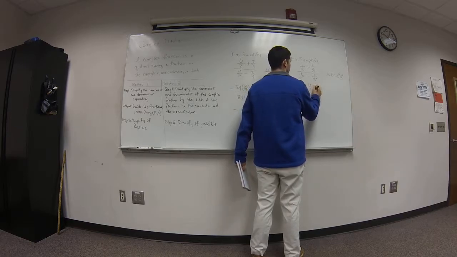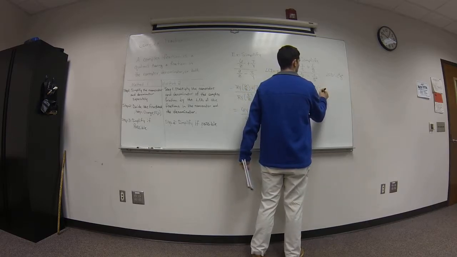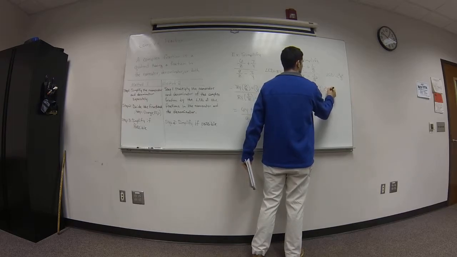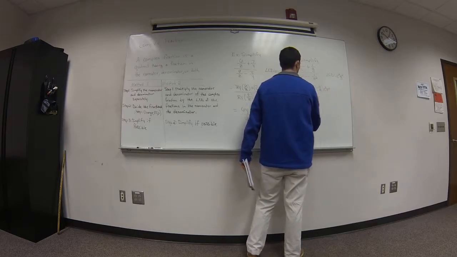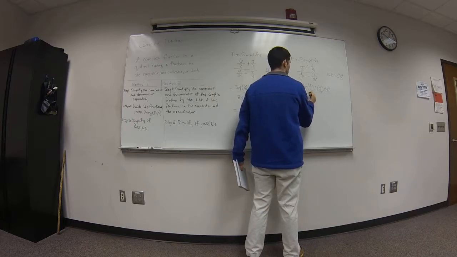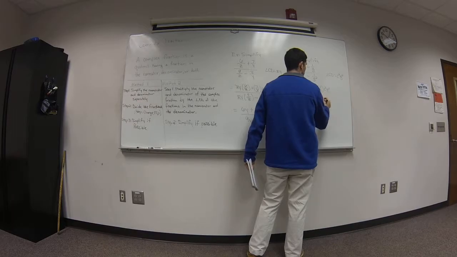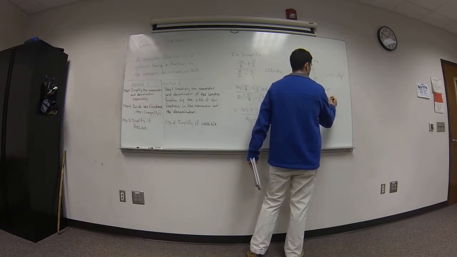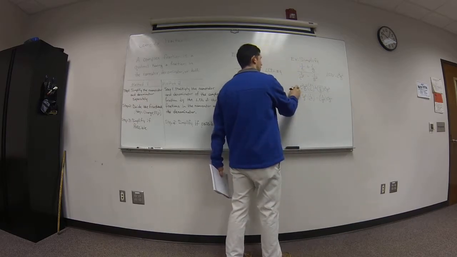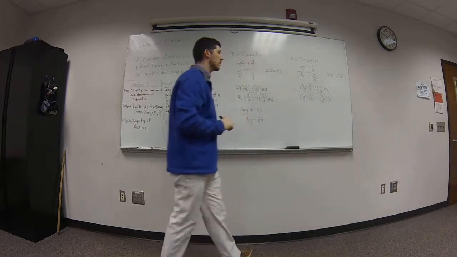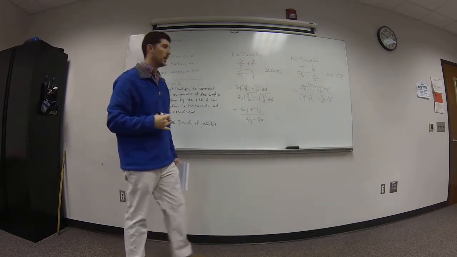So times 1 over c plus 1 over g times c squared g squared over c squared g squared times 1 over c squared minus 1 over g squared times c squared g squared. So there I'm just multiplying everything by the LCD. And now let's see what cancels out.